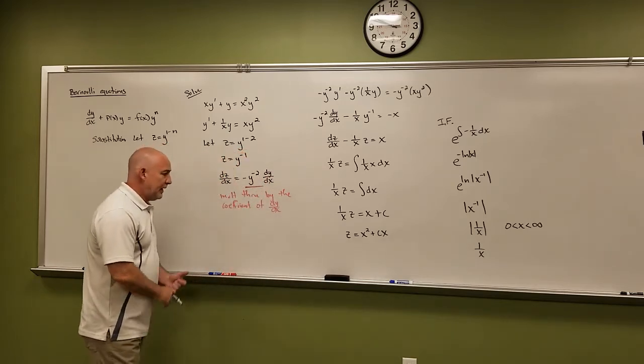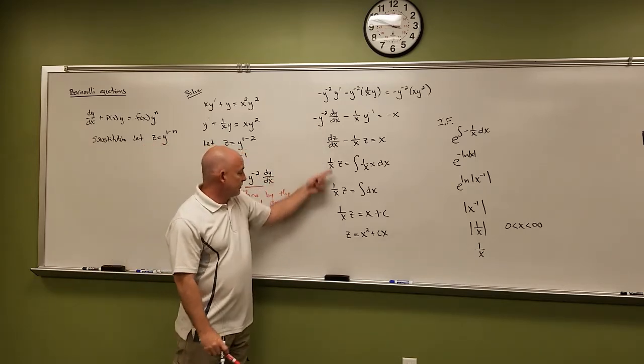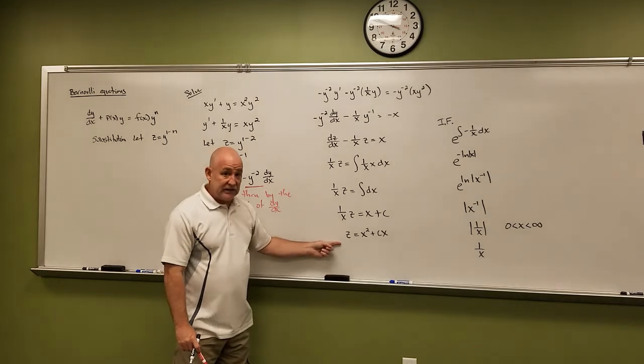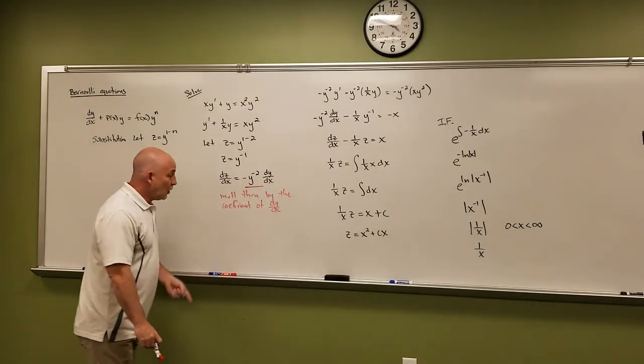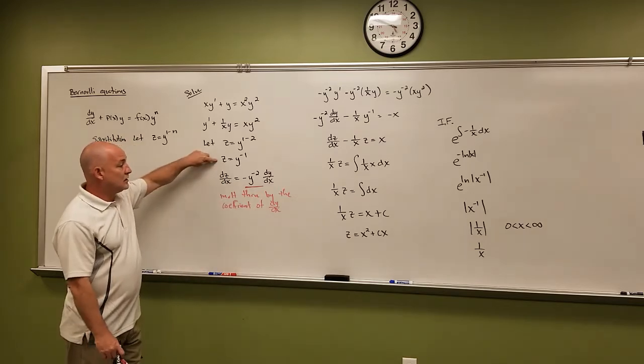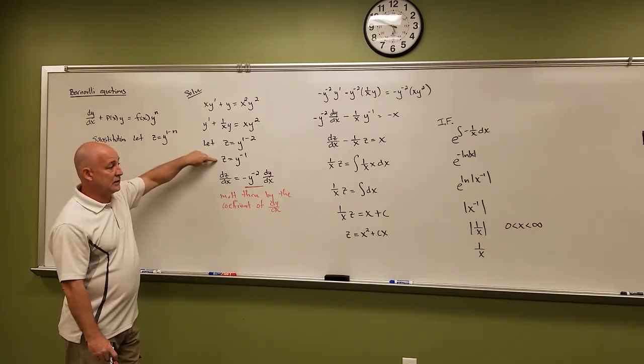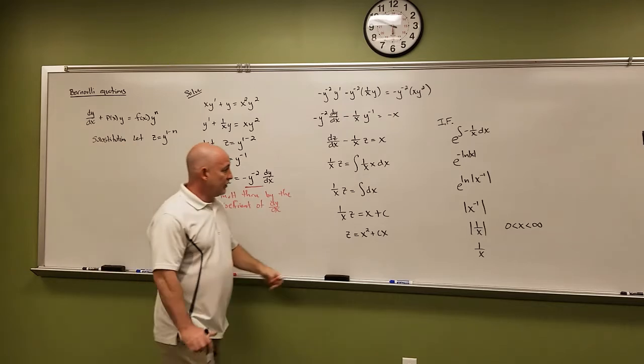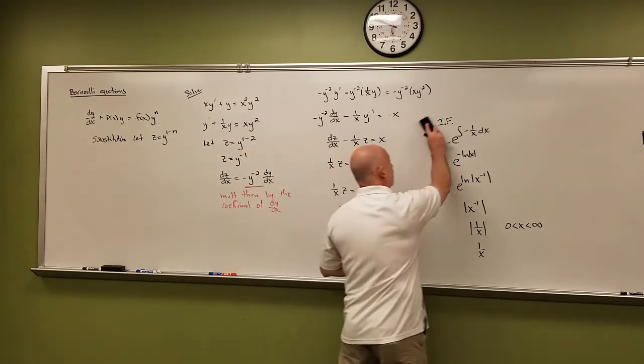Well, that's good news and bad news, because we finished solving this differential equation. The problem is, I don't care what z equals. I didn't start with z's, which means once you solve for z, now you need to back substitute. z is equal to y to the negative 1. So I'm going to get rid of my scratch work here for my integrating factor.